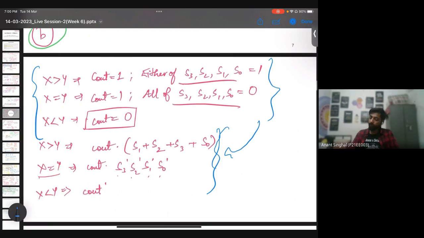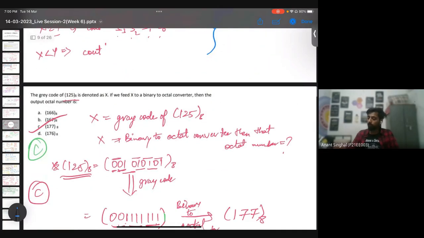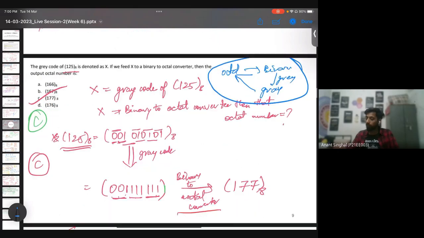Then we covered binary to gray code, in which what we needed was actually octal to gray code conversion. For this, we need octal to its binary equivalent, then binary to its gray equivalent, and then gray, which is in binary, again to its octal equivalent. So this is a kind of cycle.